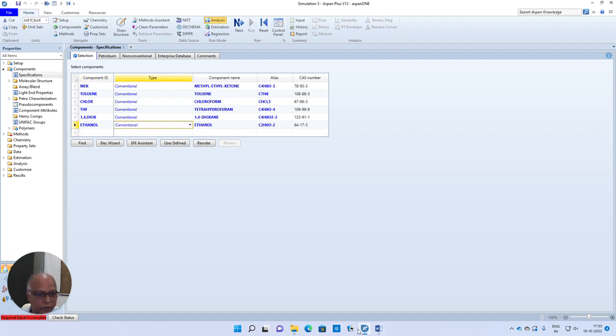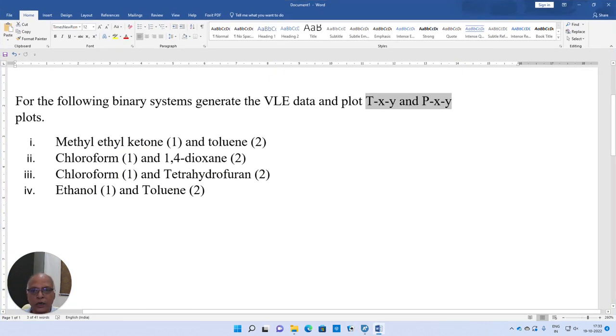These are all the components we have: methyl ethyl ketone, toluene, chloroform, tetrahydrofuran, dioxane, and ethanol.